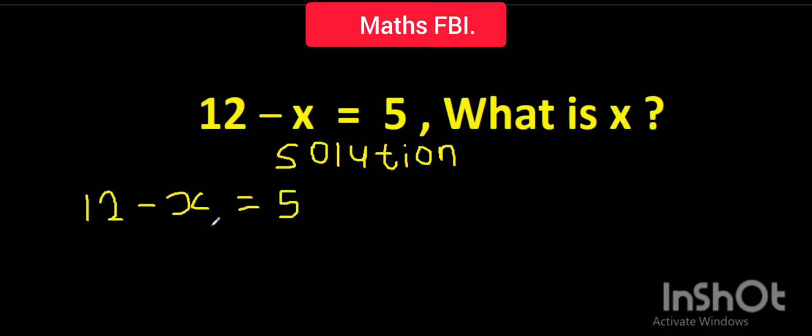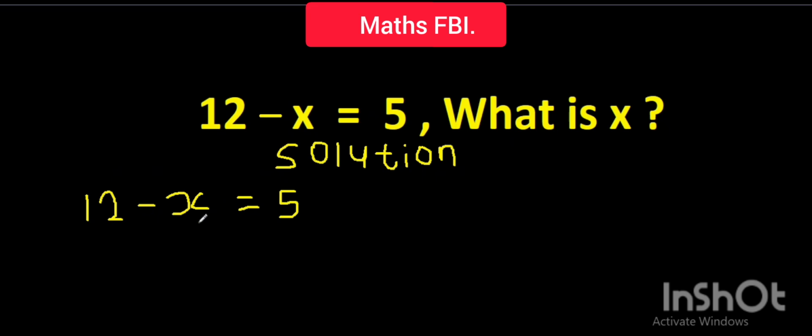So what we're going to do now is to put the known on one side of the equation and the unknown on the other side. We want to put 12 and 5 on one side and leave minus x, or x, on the other side.